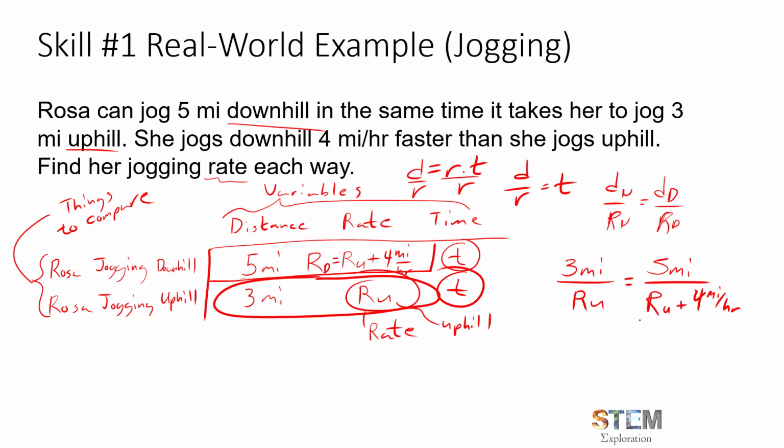And so now we're going to cross multiply and figure this out. So multiply, we'll get 3 miles times RU plus 4 miles per hour. And then we'll have this equal to RU times 5 miles.